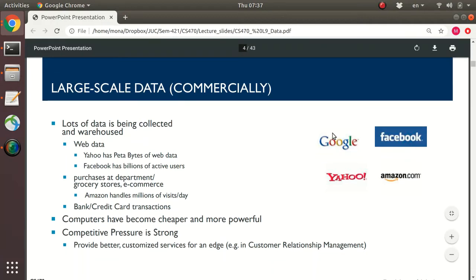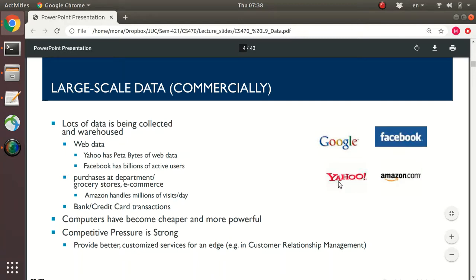Commercially, giant companies like Google, Facebook, Yahoo, and Amazon generate this data and use it to improve their services. For example, Google uses it to improve their search. Facebook uses it to improve image recognition of faces.